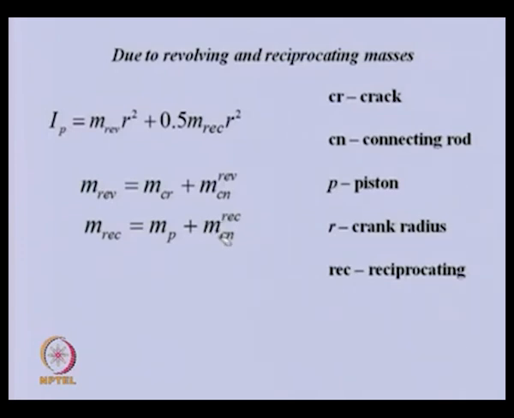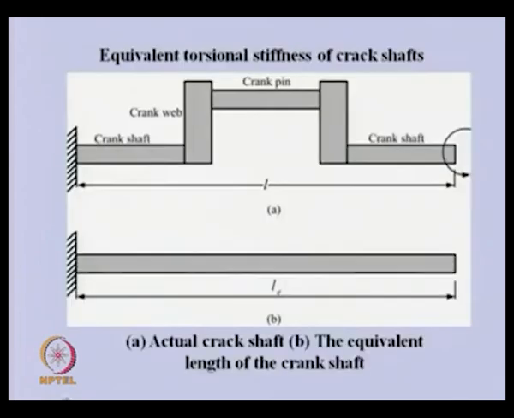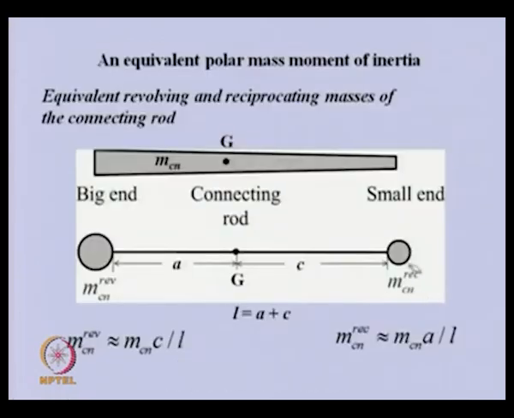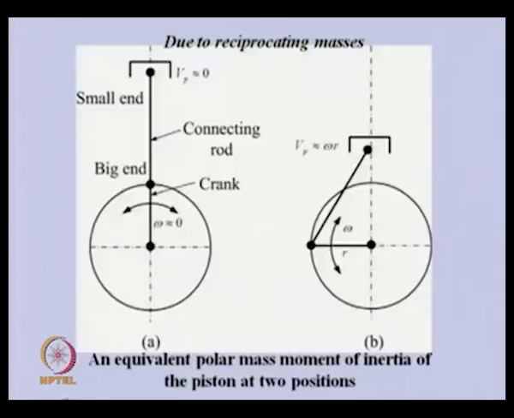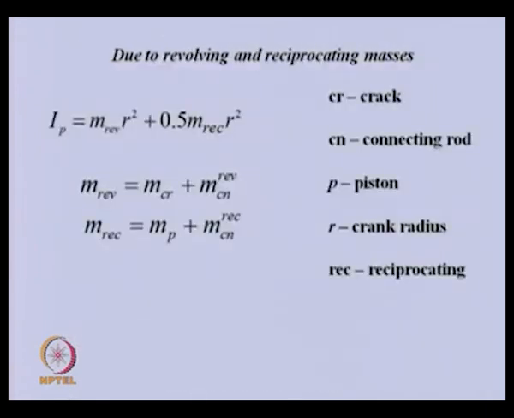This particular mass corresponds to this component, because this is attached to the piston, so this mass will add up to the piston mass. Now we could get the equivalent polar moment of inertia of the whole crank, connecting rod and piston.